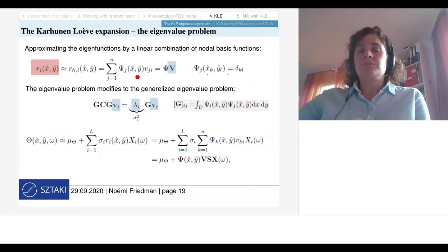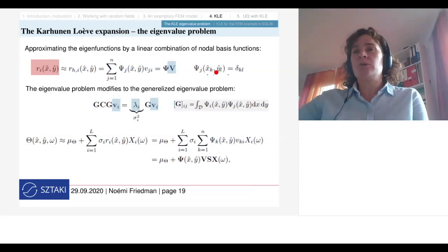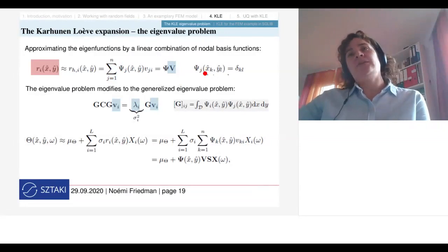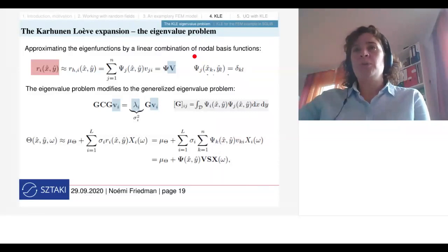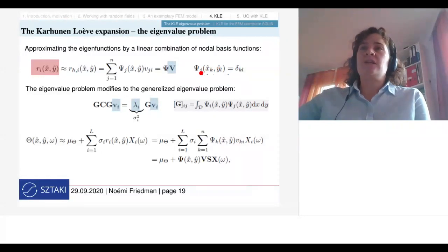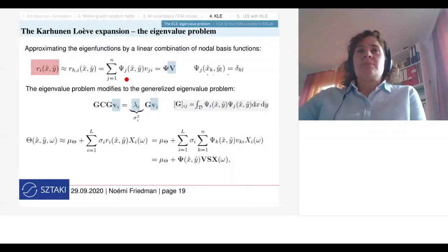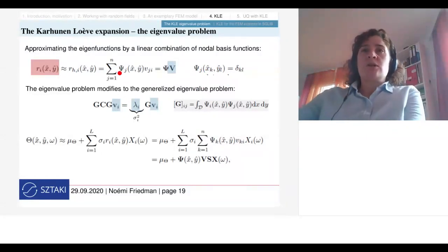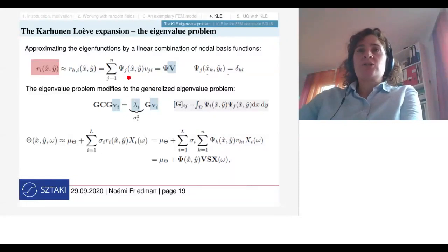Specifically, I only require for the derivations that these psi basis functions are nodal basis functions, meaning that at a certain point of some discretized domain, so I make a mesh, and over the mesh nodes, I have either value 1 or value 0. So this makes it nice for the description of the KLE expansion.